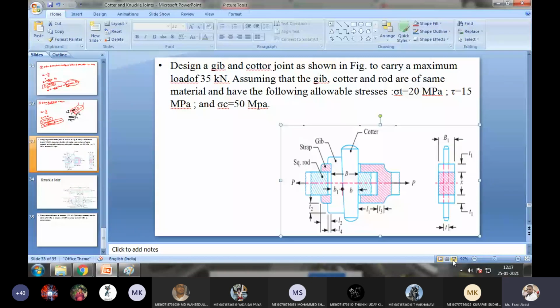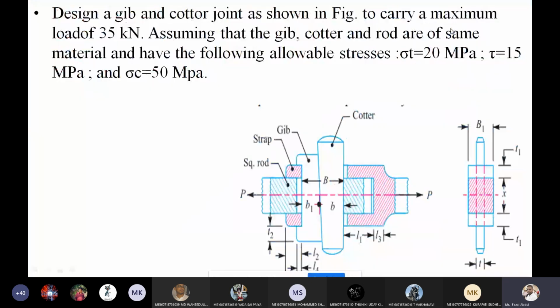As shown in figure, maximum load is 35 kilonewtons, so the load is given here 35 into 10 to the power of 3. Assuming that gib and quarter and rod are of same material, the properties are given. Tensile stress is 20 megapascal, shear stress 15 megapascal, crushing stress 50 megapascal. Three stresses are given and we are asked to design.